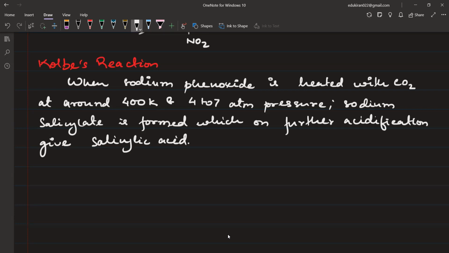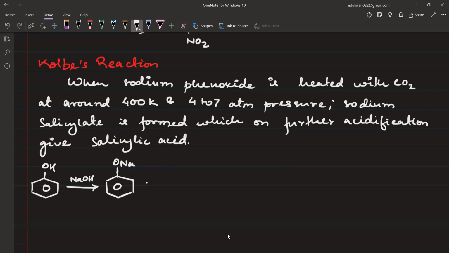Okay, so this is the Kolbe's reaction. First of all, we need sodium phenoxide. From phenol, we can get sodium phenoxide very easily. We have OH. So do a reaction with, let us say, NaOH or Na also. If I do a reaction with NaOH, I will be getting sodium phenoxide ion.